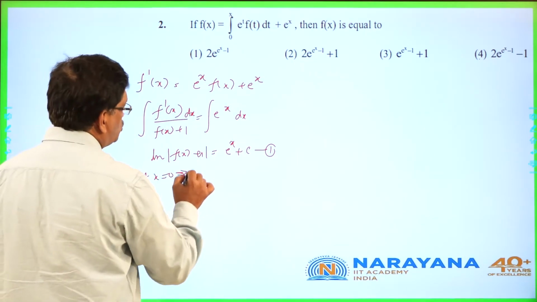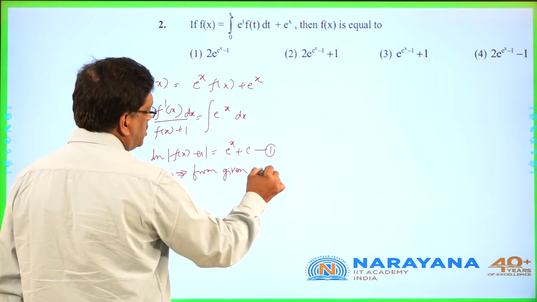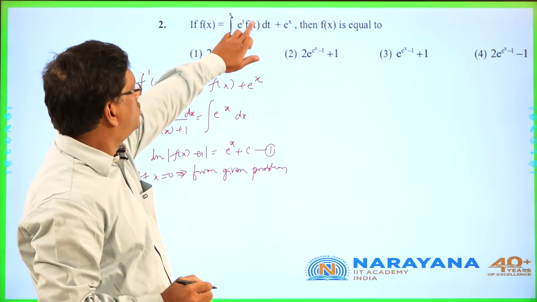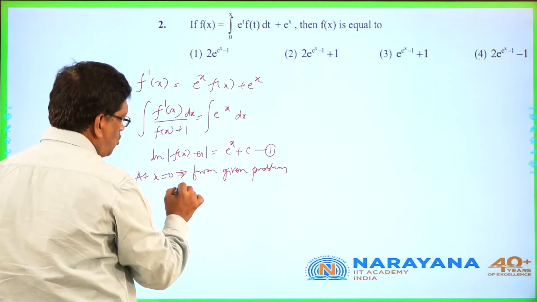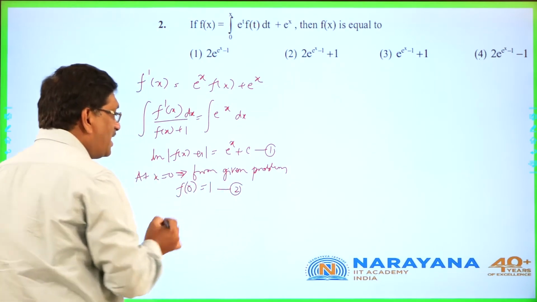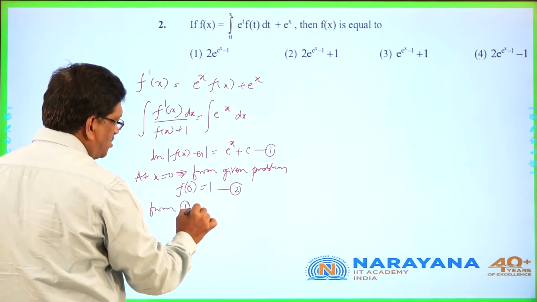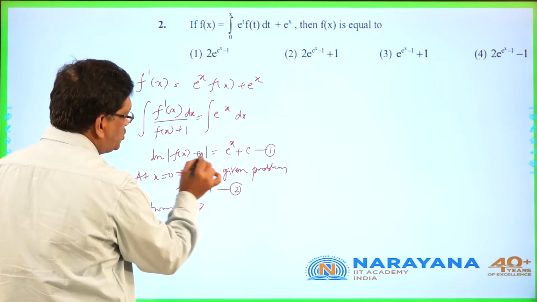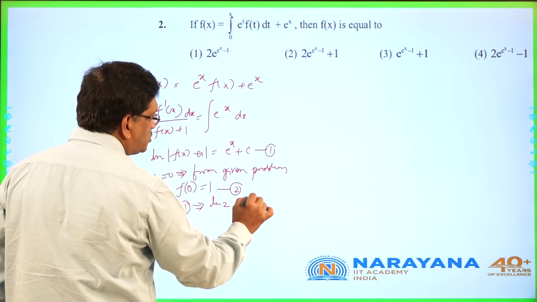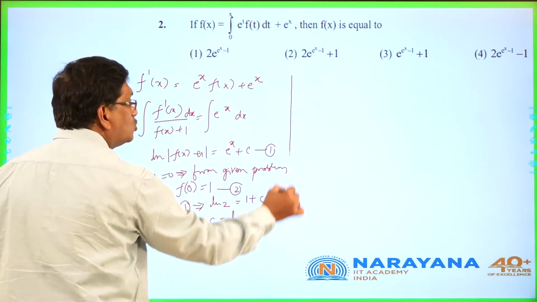At x equal to 0, from the given problem, f of x is equal to, e power 0 is 1, that is f of 0 equals 1, which is indirectly given. Now let us substitute this in the first equation. So f of 0 is 1, it is log 2 is equal to e power 0, that is 1, plus c, you mean c equals log 2 minus 1.